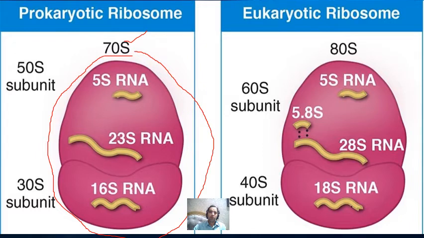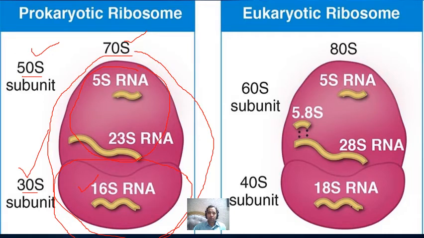Again, the larger subunit is 50S, and this smaller subunit is 30S. This larger subunit will sediment at the rate of 50 Svedberg, and this smaller subunit will sediment at the rate of 30 Svedberg units.